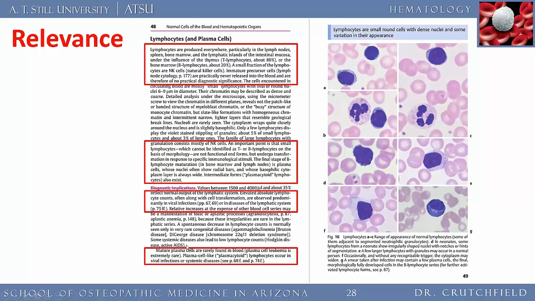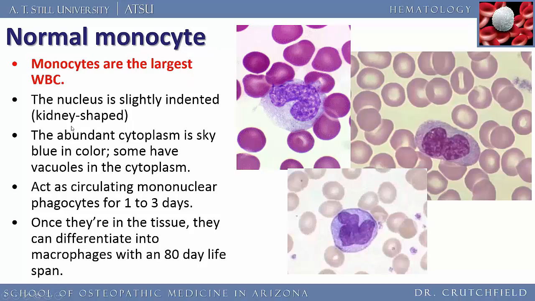And mature plasma cells, remember these are the guys that secrete antibodies, are found in blood and help us secrete antibodies, but plasma cell-like lymphocytes occur in a viral infection also, and they can also be abnormally high in plasma cell leukemia. And I'll show you an example here of someone who has another disease which you've probably heard of, and we'll get to that here in just a second.